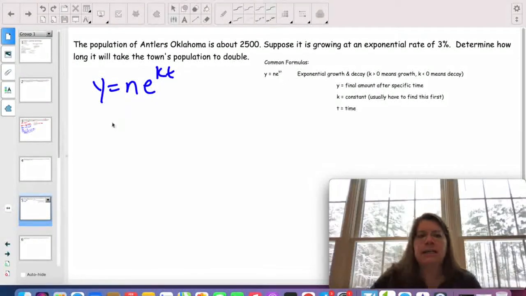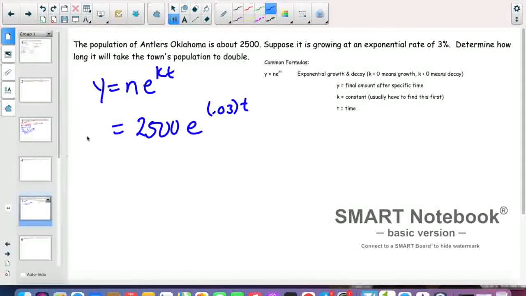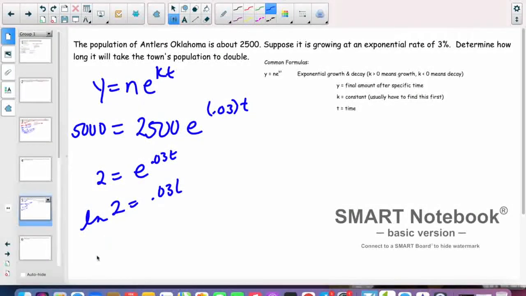So if I plug into this, our n is 2,500. Our k is our percentage as a decimal. That's 0.03. We don't know how much time this is taking, but our final amount will be double the size of the original, which is 5,000. If I divide 5,000 by 2,500, I get 2. I can put a natural log in front and divide that natural log of 2 by the 0.03 to get my t value.